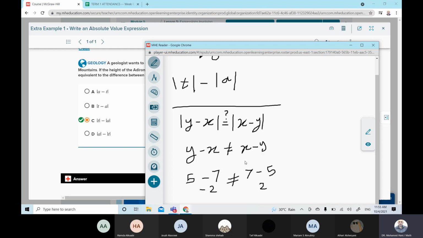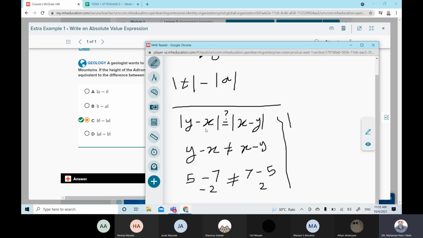We know that. Now my question: if I use the absolute value on both sides, is it equal or not equal? Let us check with the same example. The value of Y is 5, the value of X is 7.